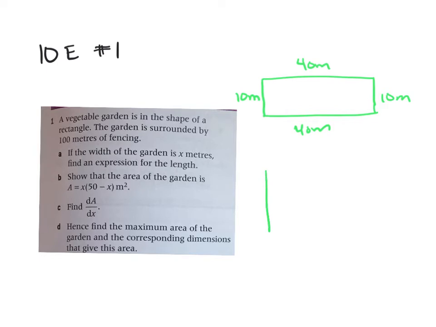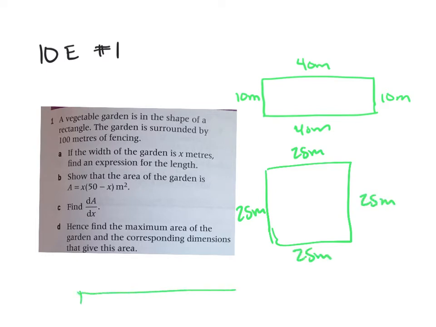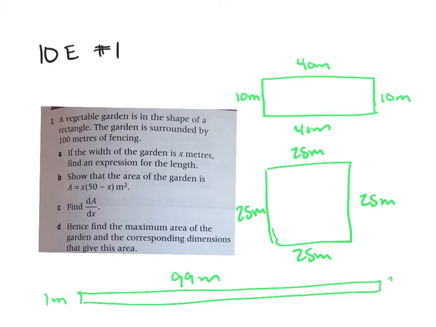You could do 25 all the way around: 25, 25, 25, 25. You could make a really stupid looking one, but maybe you have a long piece of land, whatever, that's 1 meter here and 99 meters here. All of these are options for you.